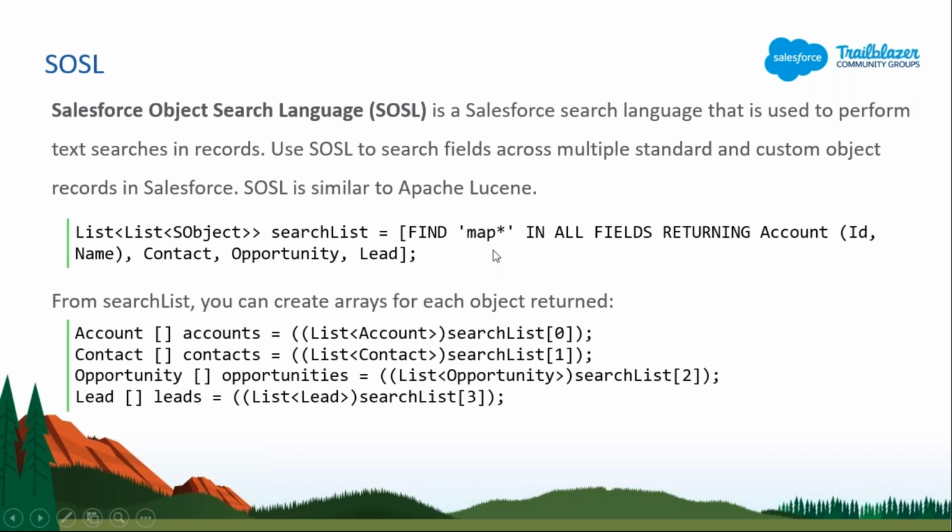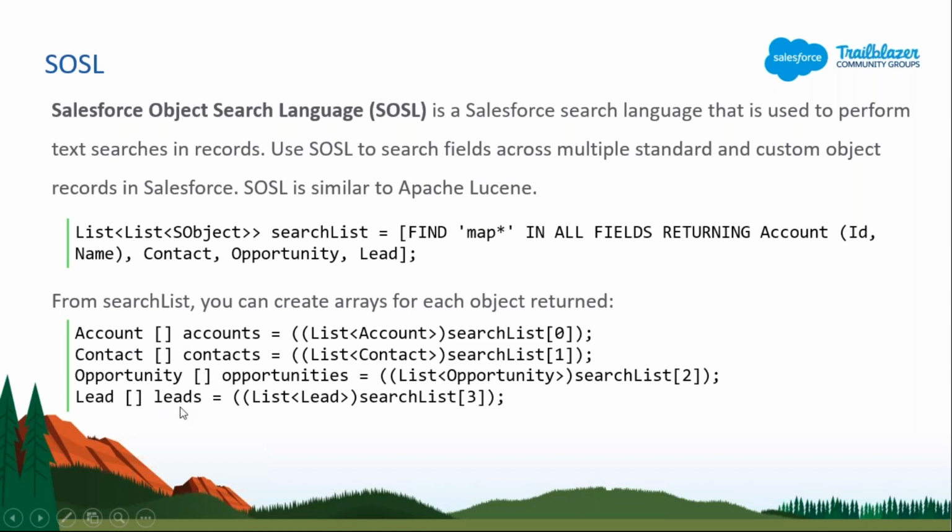It will return the list of objects, and you can simply use this search list and assign those lists to a particular account. That's how you can use the list and separate those objects. Account, contacts, opportunities and leads are separated with this value.